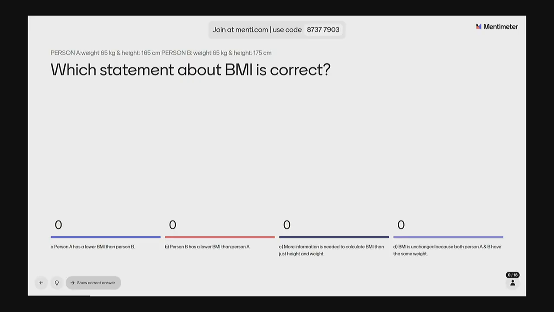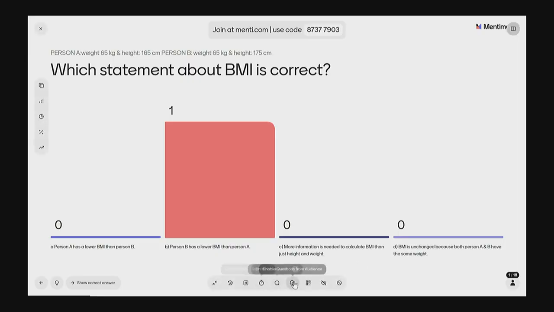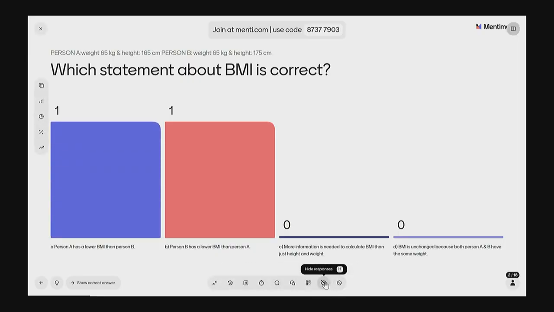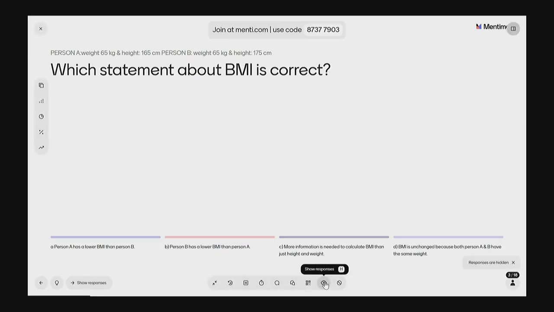Okay. So what statement about BMI is correct? There is a little text here that involves a little bit of calculation. So person A has a weight of 65 kilograms. Oh, it's working now? Perfect, okay. So person A has a weight of 65 kilograms and a height of 165 centimeters.